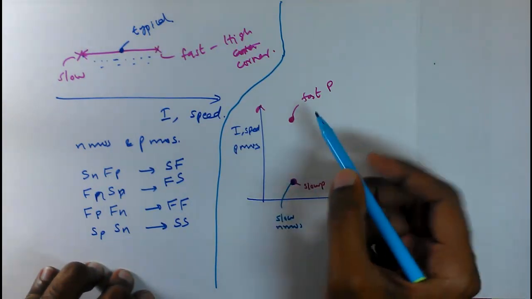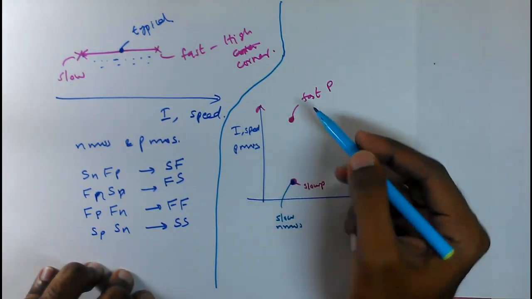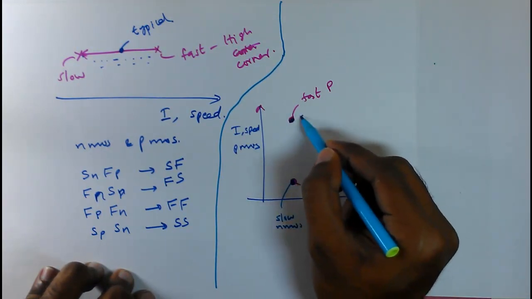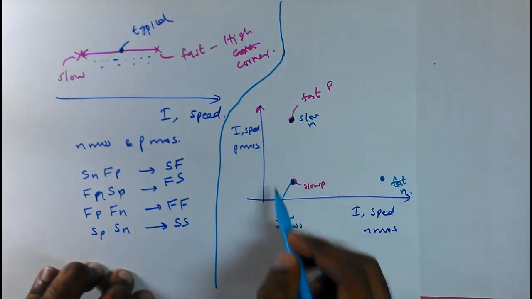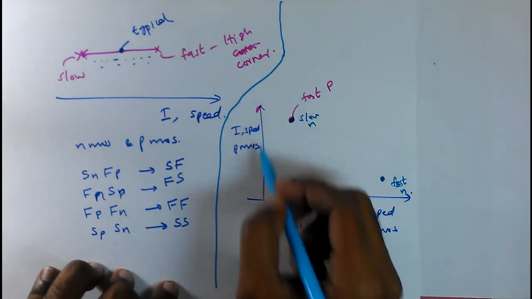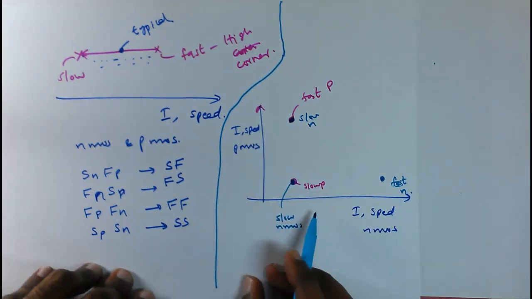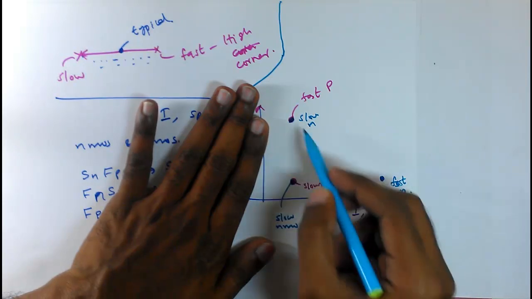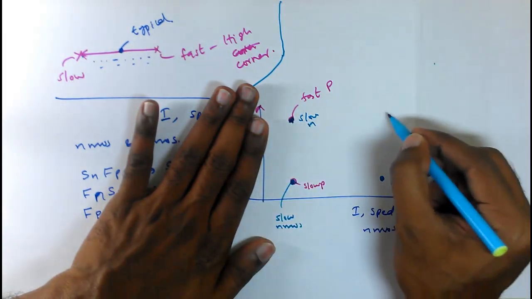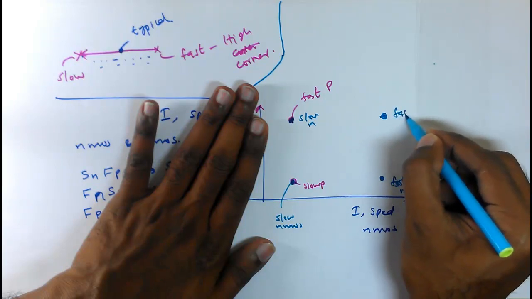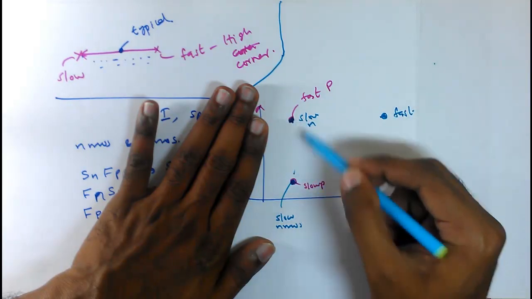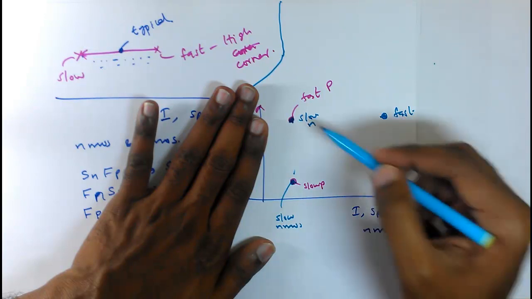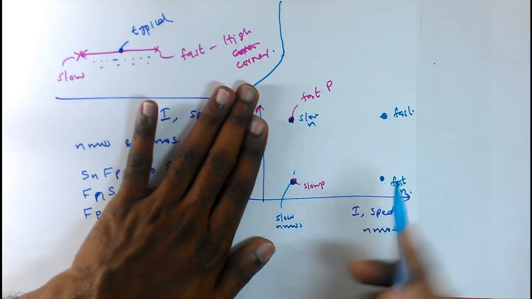Like that I can mark the slow NMOS here also, because in the y-axis it is the same; for now I am plotting only the NMOS corner. So here slow N means here also it will be slow, and here it will be fast. So these two are the same fast corner for the NMOS, and these two are the same slow corner for the NMOS.